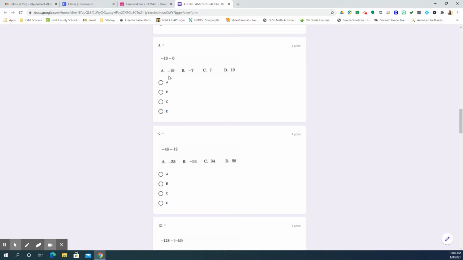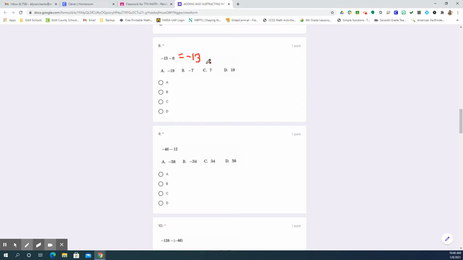Okay. Number 8, anytime we have a subtraction sign in between them, we're going to follow the change rule. It's add the opposite, okay? So the change rule means that you change the subtraction to an addition sign, and then you change the second number to its opposite. So if you have +6, you're going to make that -6. I call it add the opposite, so I say -13.